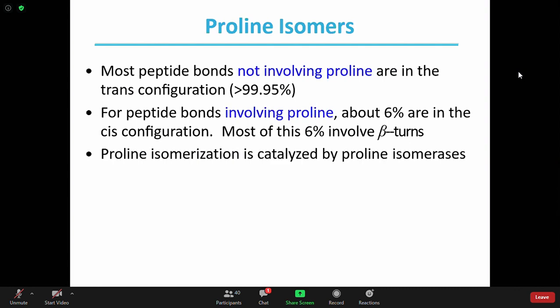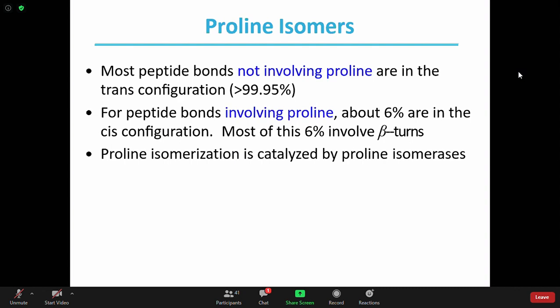That's the minority, only 6%, and most of that 6% involves beta turns. In most cases, when proline is not located in a turn structure, it will have trans configuration. But when proline is involved in the formation of a beta turn, then proline will change into the cis configuration.